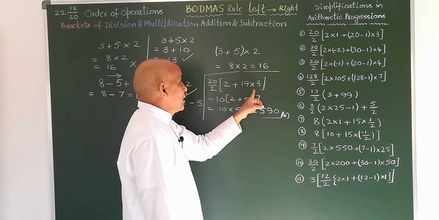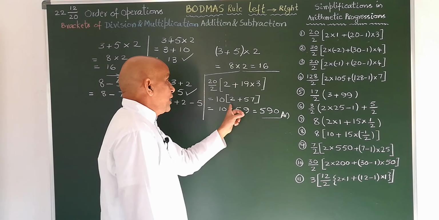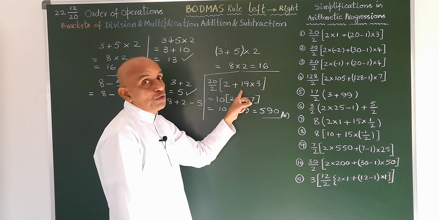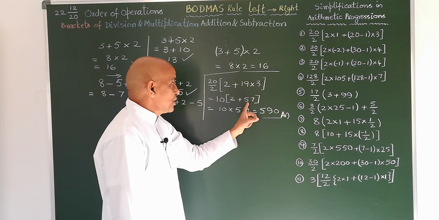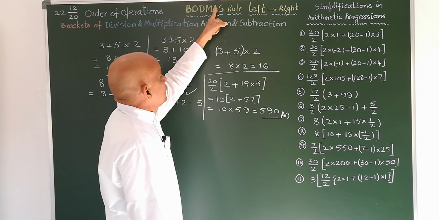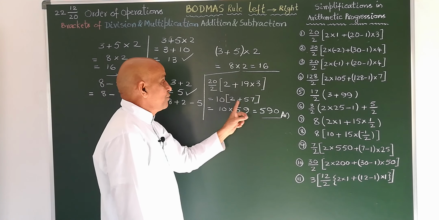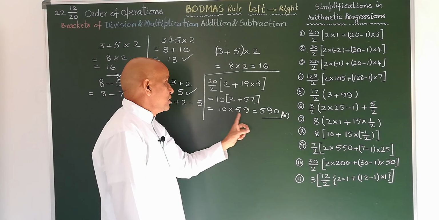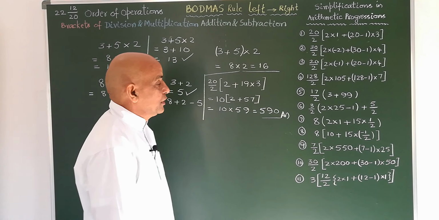Then multiplication we have done first, then addition. If you do addition first and then multiplication, you go wrong. So multiplication first, because of this rule, multiplication is first, then comes addition. Then we have added these two, again simplified within the bracket. 59 into 10, this is 590.